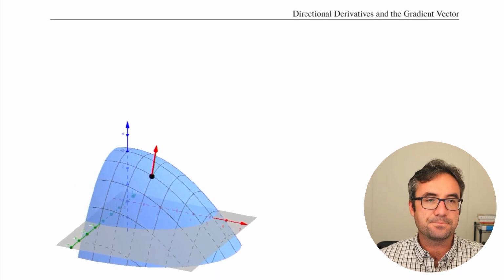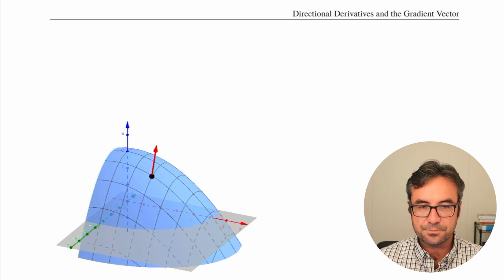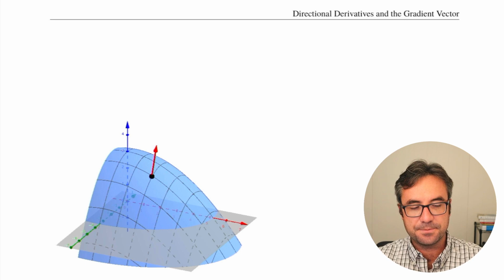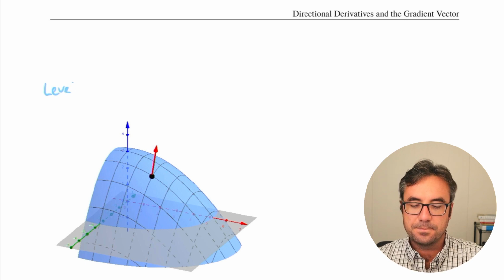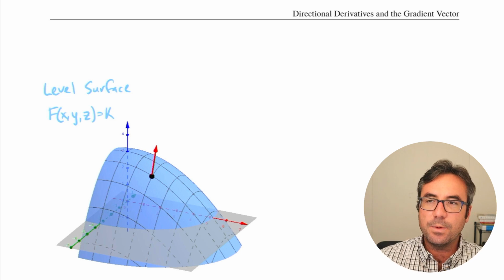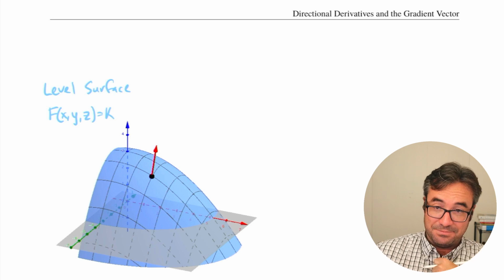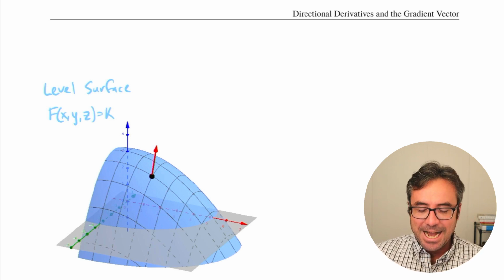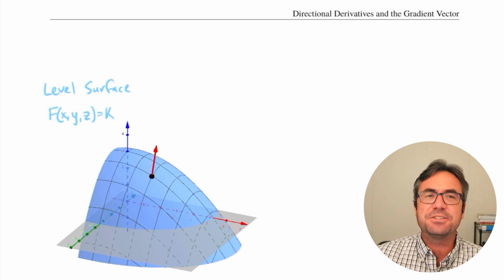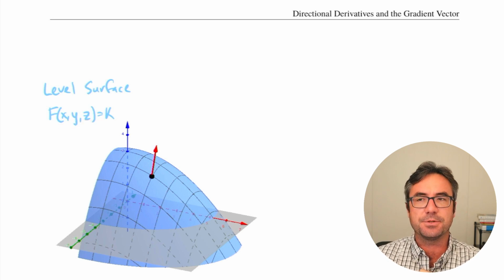All right, so let's look at a little example of what's going on. A little graph here. And so here is a surface. So we have our level surface. This is given by some function f of x, y, z equal to a constant k. And it helps to think of a level surface in terms of a temperature function, especially when we're talking about 3 variables here.